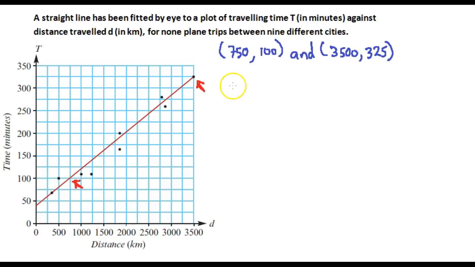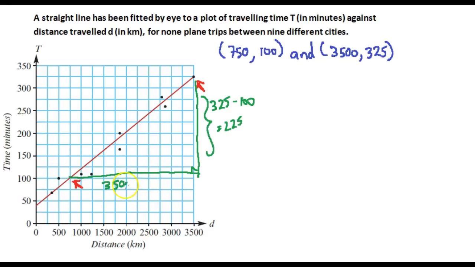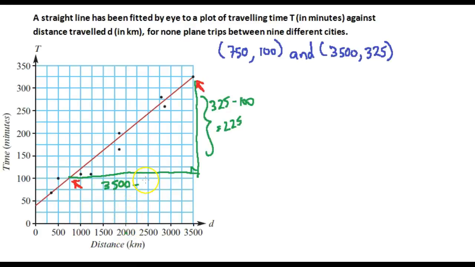Okay, let's look at the gradient between these 2 points. So there's our gradient triangle, and we've got 325 minutes minus 100 minutes gives us 225 minutes. And the horizontal distance for our positive gradient here, because it goes up to the right, is between 3,500 and 750, which equals 2,750.